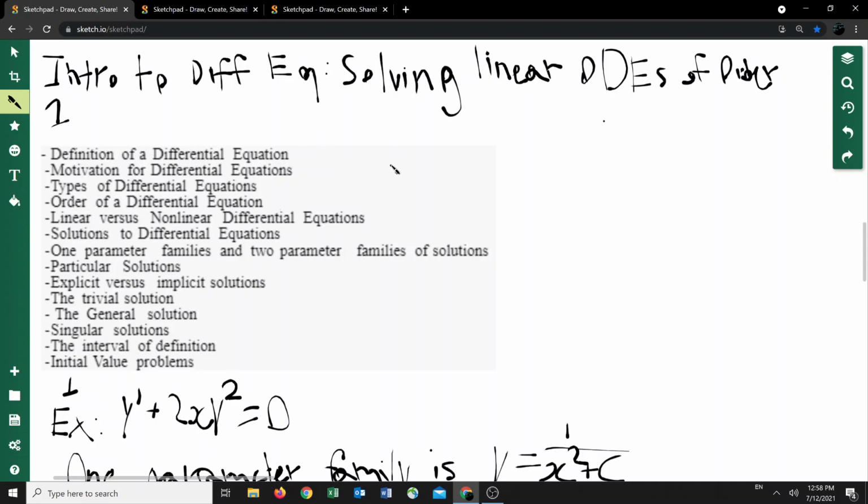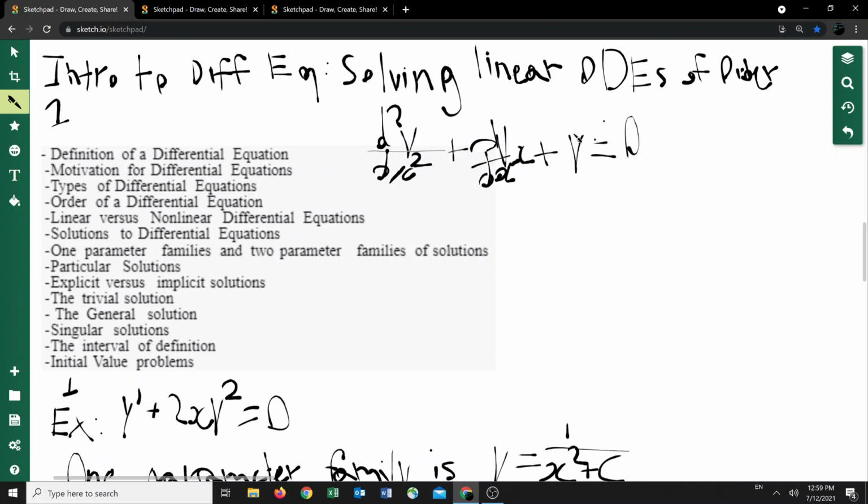So what is the order of a differential equation? The order of a differential equation is the highest power derivative. If we look back at that example, I'll write down another arbitrary example: d squared y/dx squared plus dy/dx times x plus y equals 0.